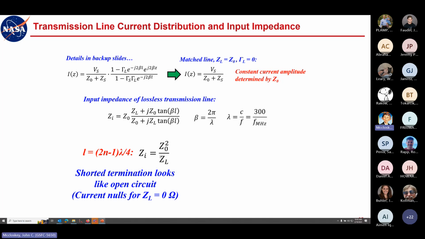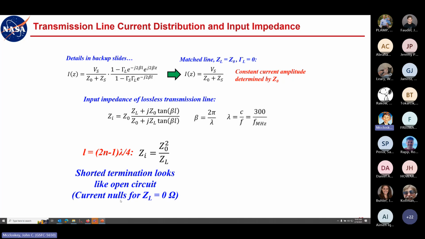So if ZL is a short, which is basically what we're talking about here, for a shield that's terminated to chassis at the far end of the cable, when you are a quarter wavelength away from that, it's going to look like an open. And it's just physics, just the way the math works out: a physical short will look like an open when you are an odd multiple of a quarter wavelength away from it.